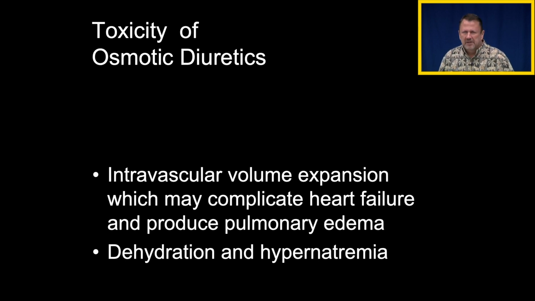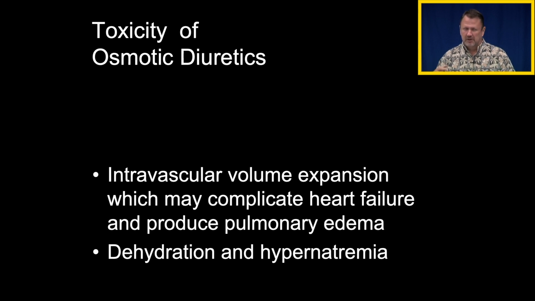One thing to understand about osmotic diuretics is when we first put them into the blood through the IV, the first thing they're going to do is expand the vascular space. And then they end up in the filtrate, and eventually they will collect free water and increase your urine volume.